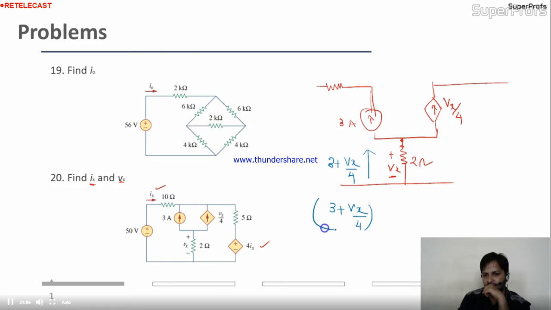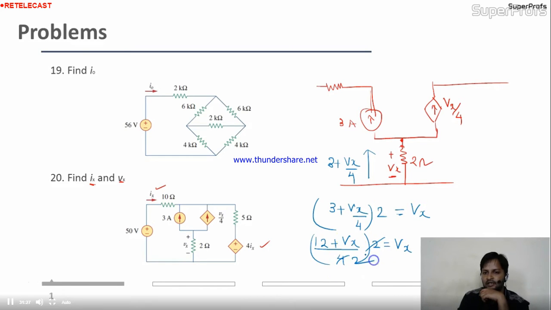So the branch current is 3 plus Vx by 4. This is the branch current. And branch resistance is 2. Is equal to V, no? And the voltage across this is Vx. Directly given. One unknown, one equation. Okay, we'll find out. 12 plus Vx divided by 4 into 2 equal to Vx.